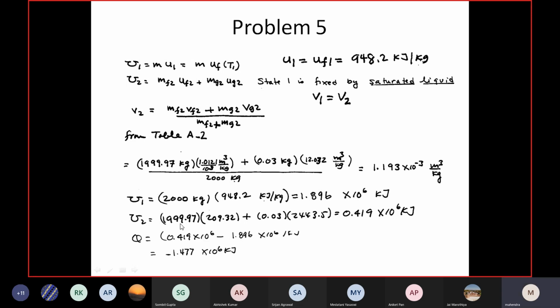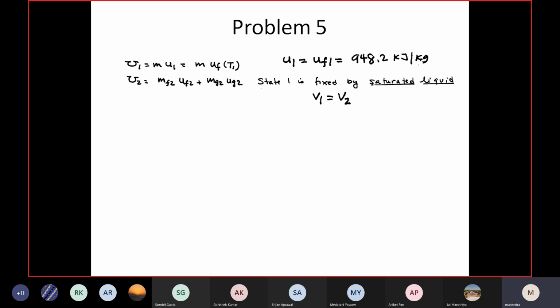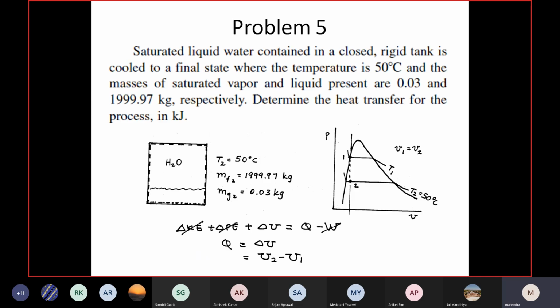Once you know these two, then Q can be calculated. The only thing is you have to understand the problem. So this is our attempt to identify how to use state variables as well as properties, as well as heat calculation. That is the simple problem.